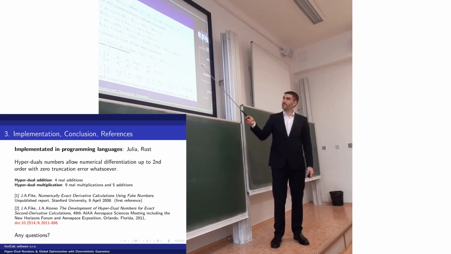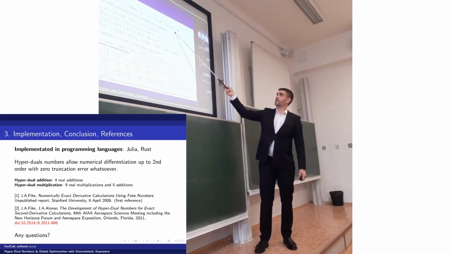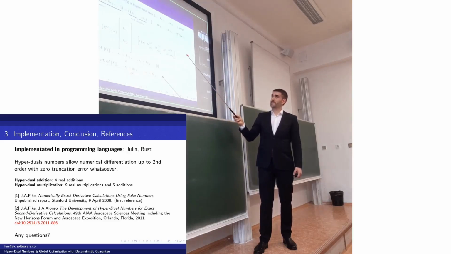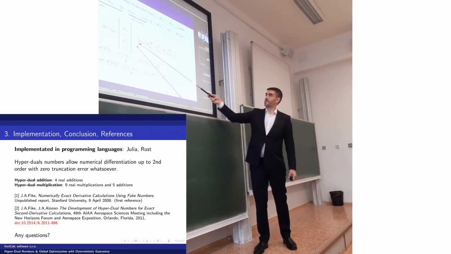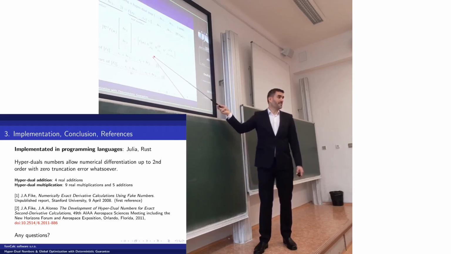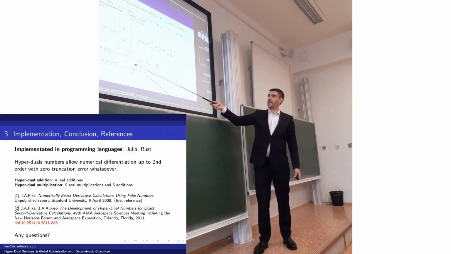But I think the main trick is that these imaginary units are so chosen that the higher terms are zero, and it's made in such a way that the Taylor series in fact finishes at the second order term, and then there is nothing. It's identically zero, so there is no truncation. So these formulas are exact.